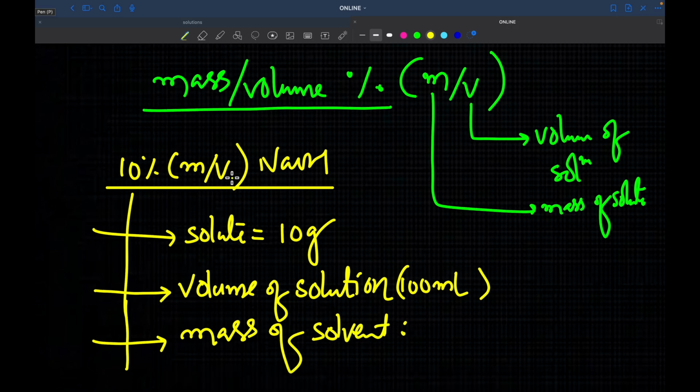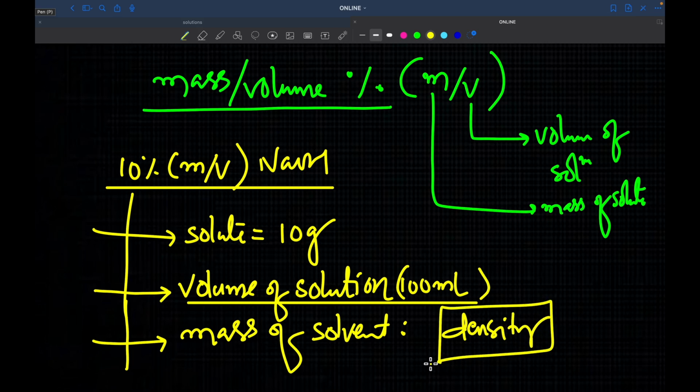The mass of solvent has not been given to us, nothing is given about the solvent. We know that the solution mass is given to us, the solution volume is given to us, but we don't know how much mass or how much volume of solvent is present in it. So therefore here comes another parameter, that is density.